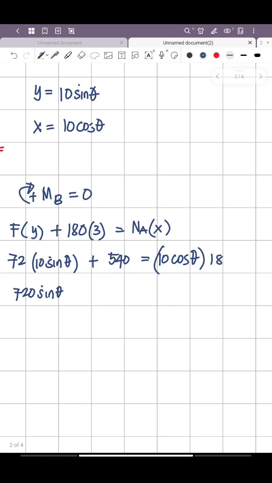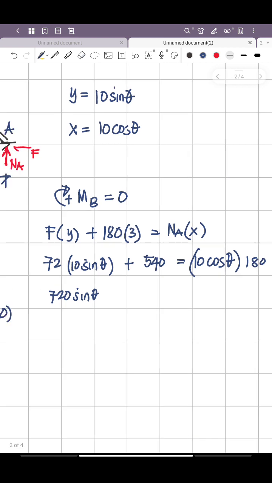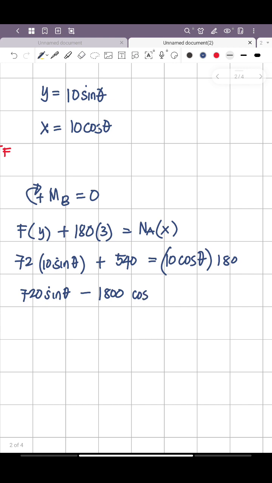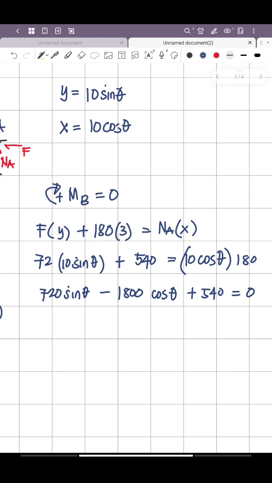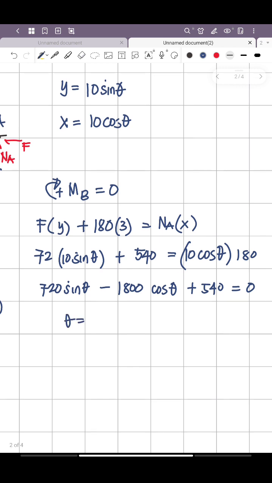So 720 sine theta minus 1800 cosine theta plus 540 is equal to 0. So turn your calculators into radian mode and we get the theta is equal to 51.17 degrees.